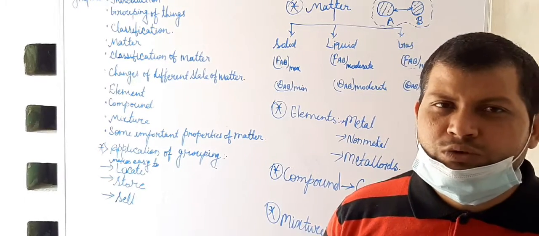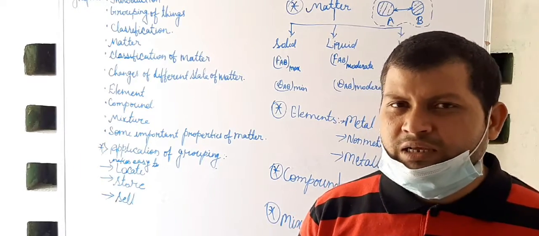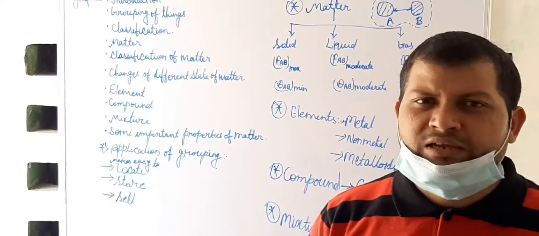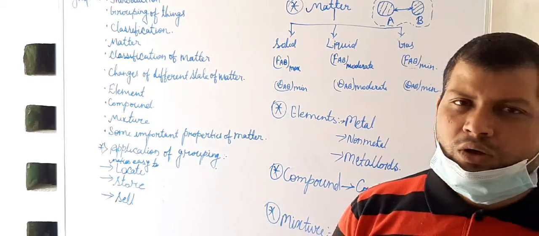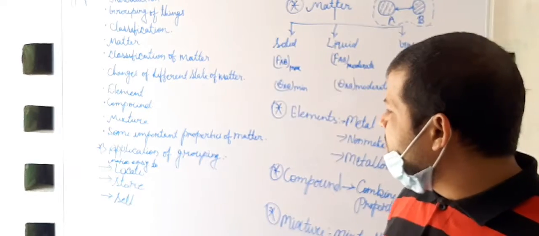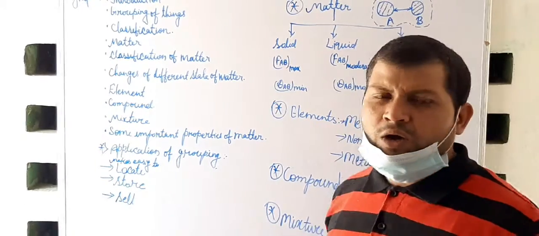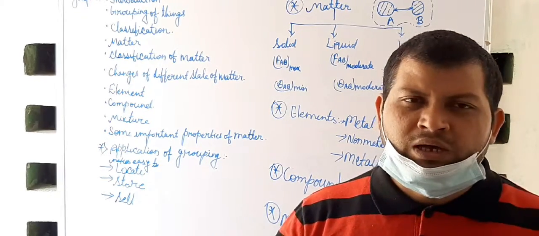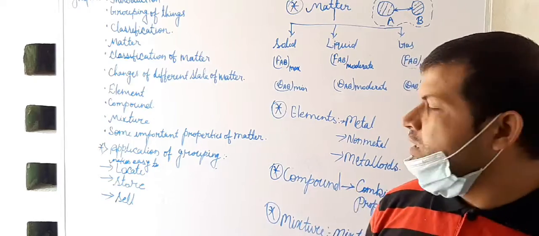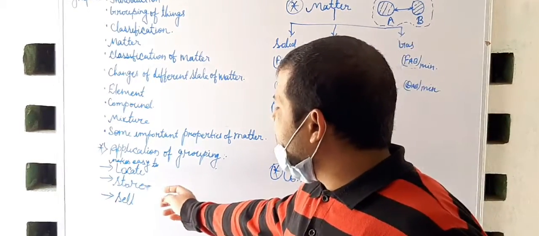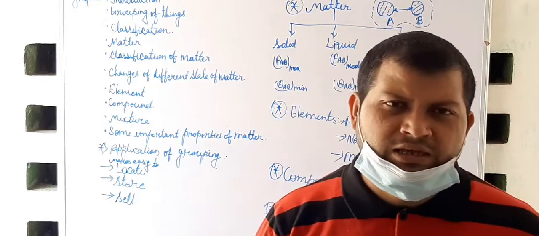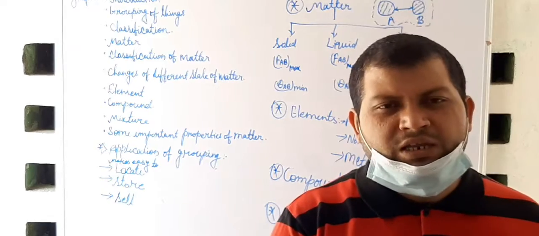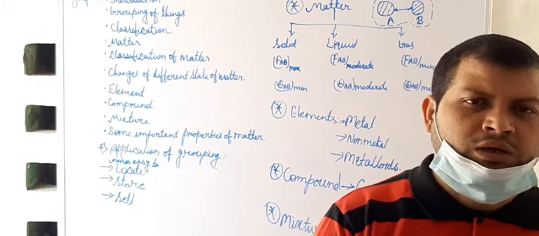Because it makes it easy to choose the things whenever you need them. For the purpose of locating and storing, some shopkeepers also separate things for selling. So it makes it easy to locate, store and sell things. That's why we sort the materials into different groups.